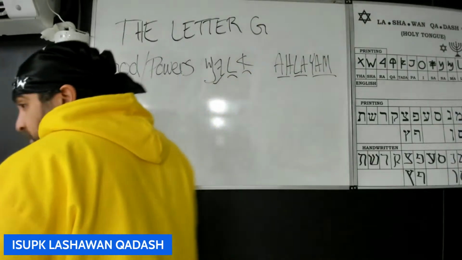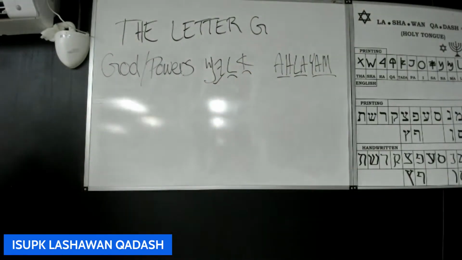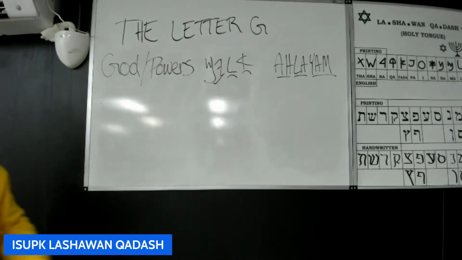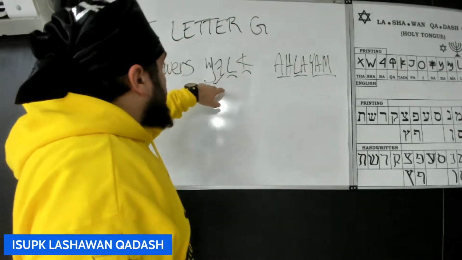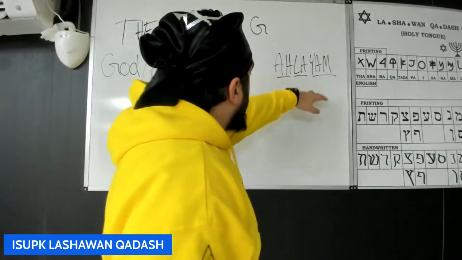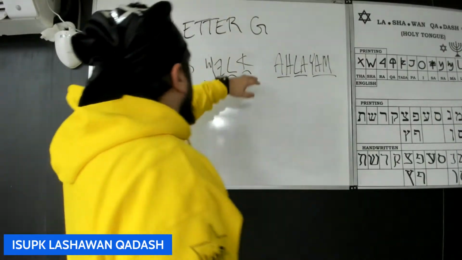We're connected. As simple as that. Nothing really too complicated about it. God empowers is Allah yom. Written from left to right. This is how you write it in ancient.